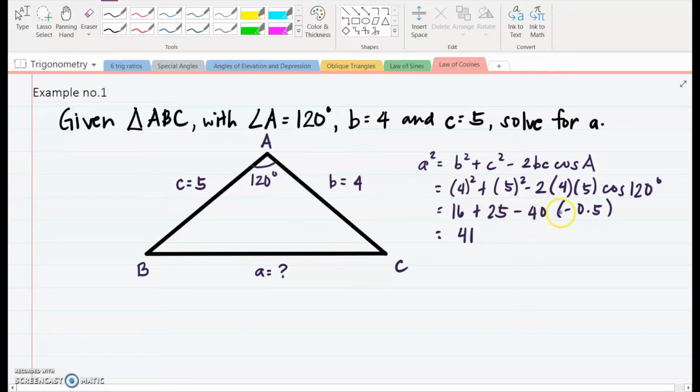So this is minus and then this is negative. So if we're going to multiply negative 40 times negative 0.5, that will be plus 20. So 41 plus 20 is 61. And then you take the square root of that. So a is equal to 7.8. So this side is 7.8.